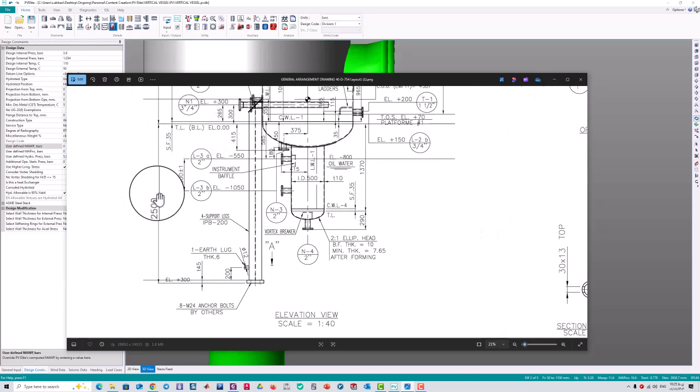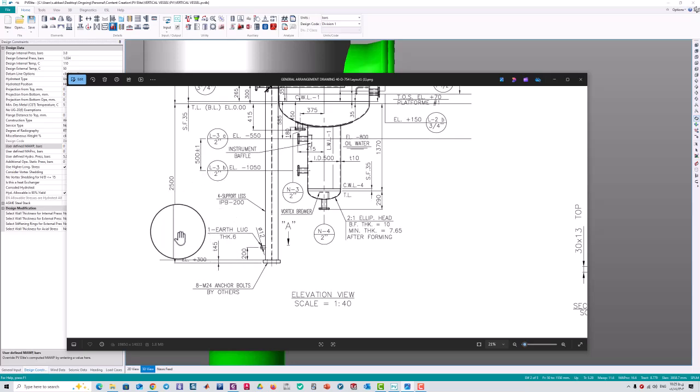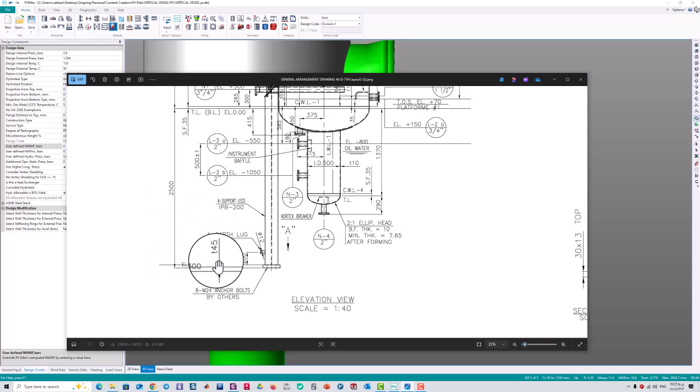And we have to calculate the overall length of the leg in accordance with the general drawing we have over here.